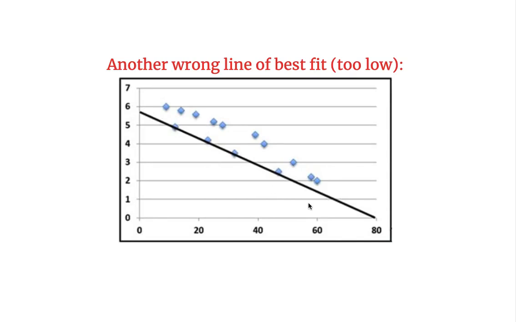No, that's not necessarily the best method. You want to capture most of the dots. So you don't even really need to have your line go through or touch any of the dots. You're just trying to find the general trend. So be sure to sketch what a good and bad line looks like in your notebook.